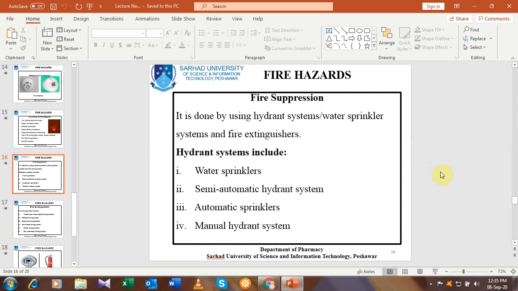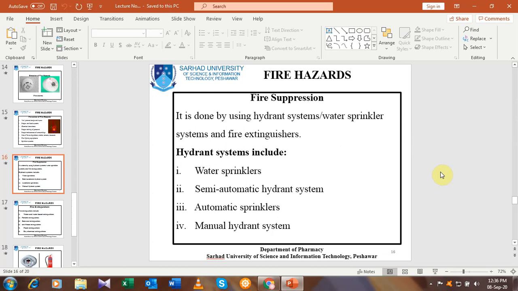We have discussed fire suppression, which is done by using the hydrant system, water sprinkler system and fire extinguisher. The hydrant system includes water sprinkler, semi-automatic hydrant system and automatic sprinkler, and apart from that, manual hydrant systems are also used.